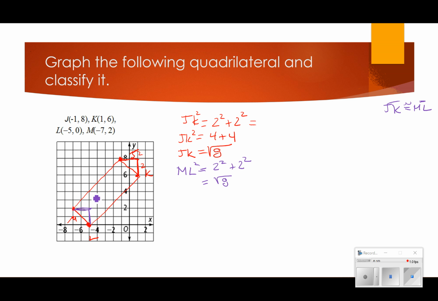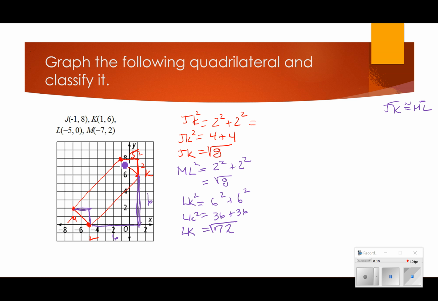Then I've got the other side. So if I go with LK, I know that this side is 1, 2, 3, 4, 5, 6. This side is 1, 2, 3, 4, 5, 6. So LK squared is going to be 6 squared plus 6 squared, or 36 plus 36, which is 72. And if I square root both sides, I'm going to get LK is the square root of 72.